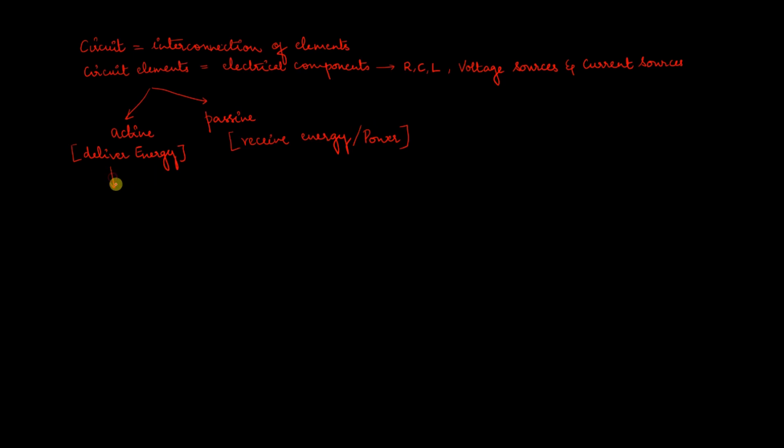If I have to give you some examples, for active elements we have the voltage sources that we have seen, current sources, transistors, diodes, LEDs, photodiodes, integrated circuits, op-amps.